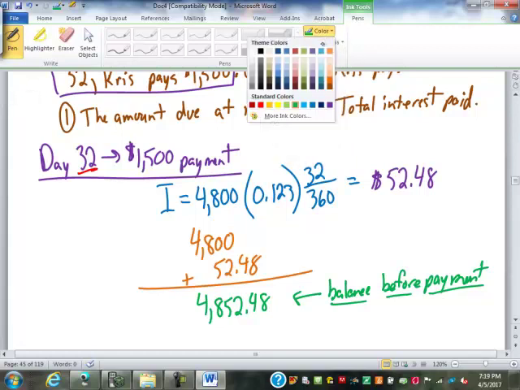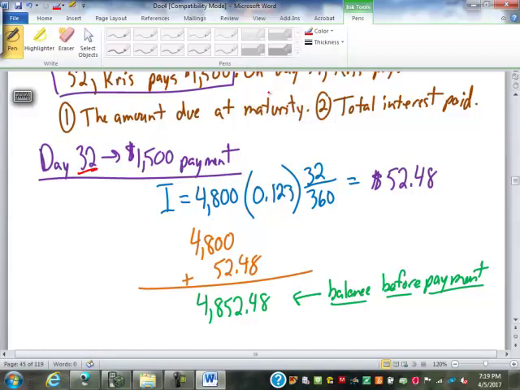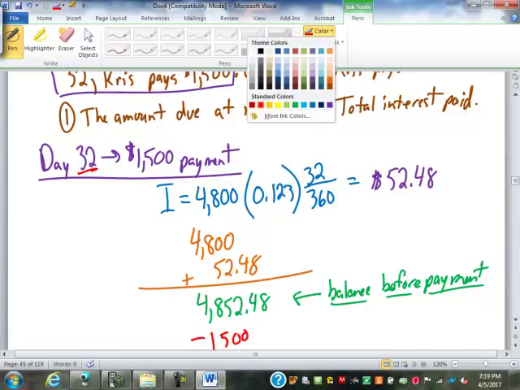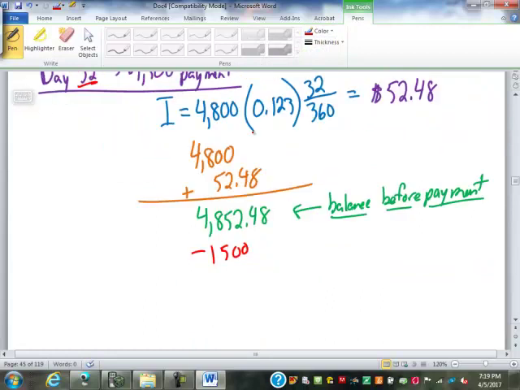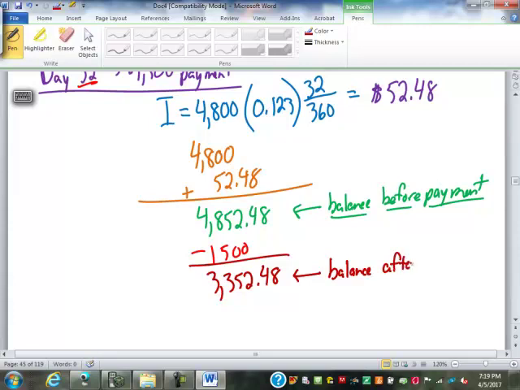Then make the payment: subtract $1,500, which gives us $3,352.48, the balance after the payment.